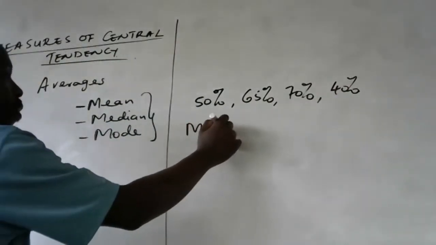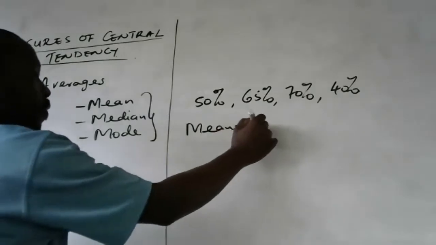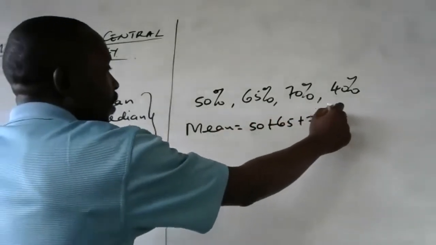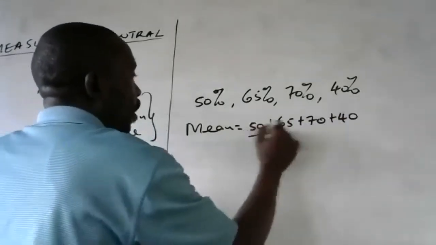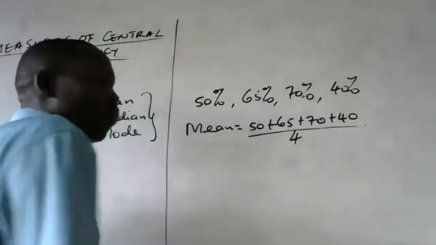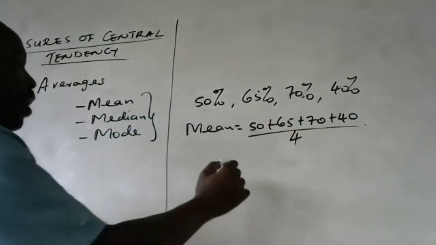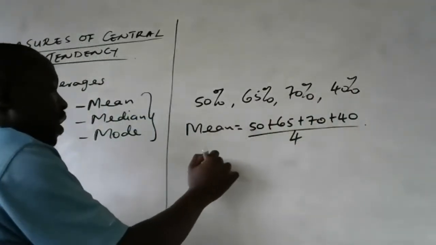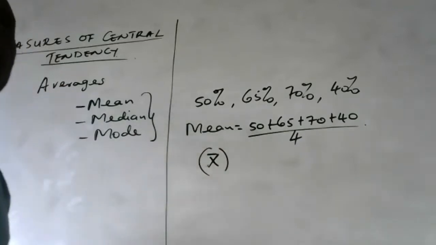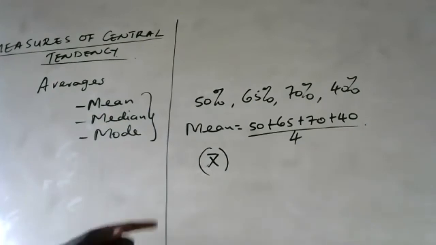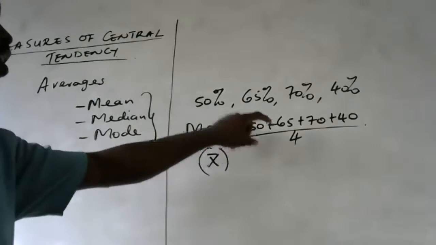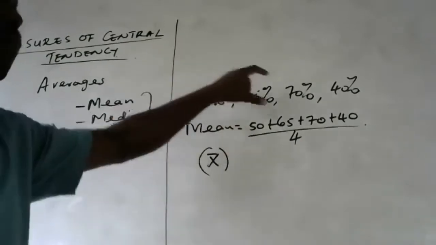The mean will be given by 50 plus 65 plus 70 plus 40, then we divide by 4 because there were 4 students who did that particular exam, and we are going to get the mean. In this case, we can define it as x bar, x with a dash on top of it. So that is what we refer to as the mean. The value we get here is going to be taken as the general performance.